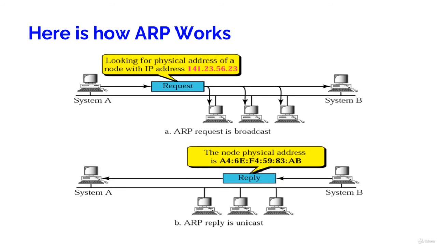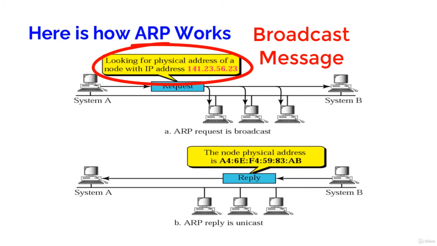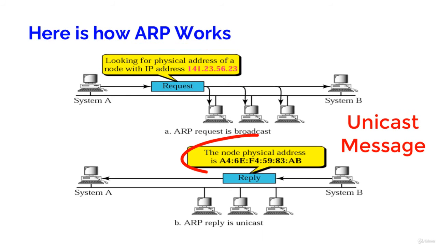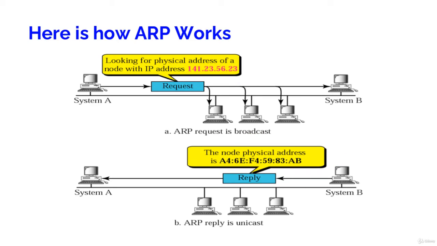So in step 7, the destination device sends the ARP reply message, and it will not be a broadcast message, but it will be a unicast message. This is very important. So source sends the broadcast message, whereas the destination always replies back in unicast message. Now step 8. The source machine will process the ARP reply from destination.